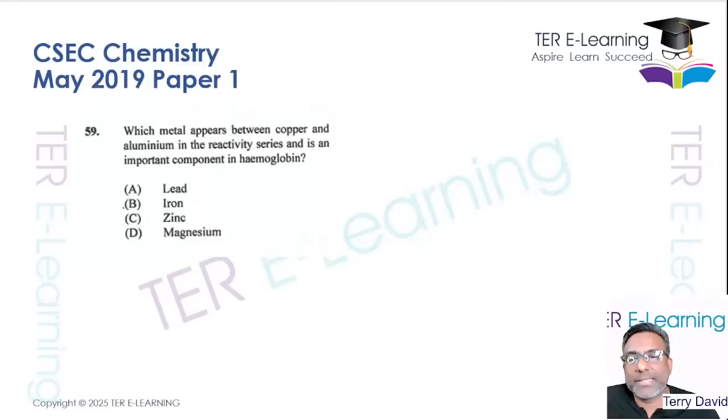Okay, people are saying the answer is iron. Yes, when it comes to hemoglobin, iron is the central element. You also need to know, there is an exam question that has chlorophyll. Chlorophyll is what we find in plants, and the main element in that case is magnesium. So be aware of that.